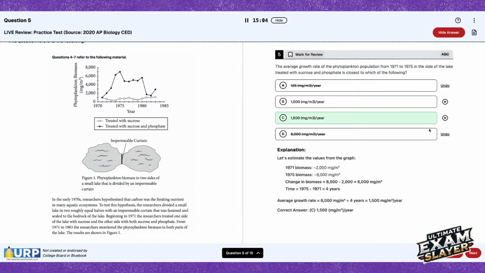When we hit show answer, that's going to give you 6,000 divided by 4 years. The correct answer here would be C. Again, this is not on the equation sheet, so this is something to stick in the back of your brain as a rate calculation.